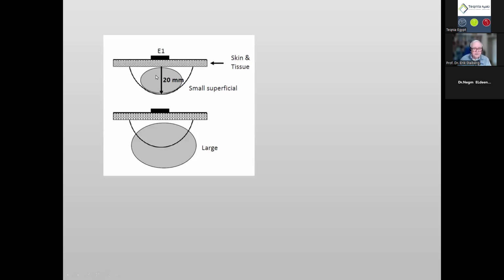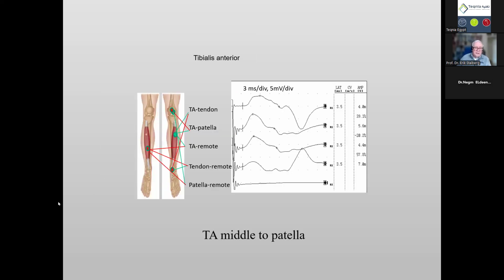So if we have a small muscle, like in children or in eye muscles or in small hand muscles, we see the whole muscle. But if we're recording from the biceps muscle or rectus femoris, we only hear a small portion of that muscle. And this is the reason that explains why the difference is not so big between small and large muscles in amplitude for different muscles. Because the area that we record is about the same.